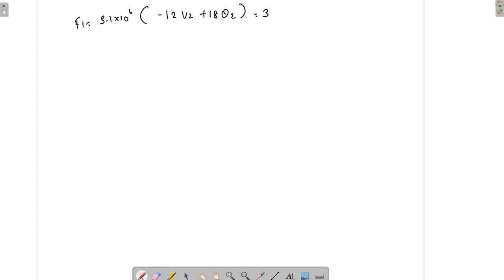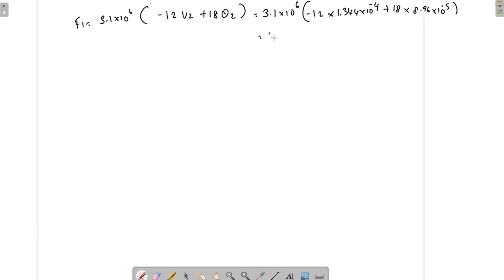So I am going to substitute the values. Here the 3.1 into 10 power 6 is in Newton meter, so we can substitute the displacement also in meter. Minus 12 into minus 1.344 into 10 power minus 4 plus 18 into 8.96 into 10 power minus 5.